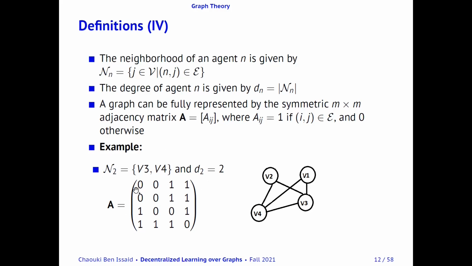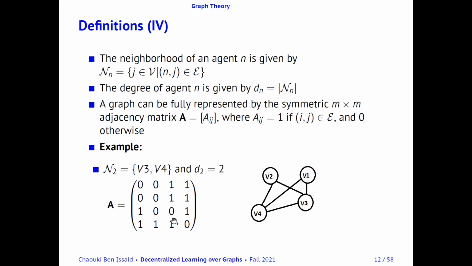Let's take the first row, for example. This first row corresponds to V1, so the neighbors of V1. Since V1 has only two neighbors, which are V3 and V4, then we have 1 and 1 in the last two elements of the row, whereas we have 2 zeros in the first elements because V1 does not have a self loop and it doesn't have a link to V2.